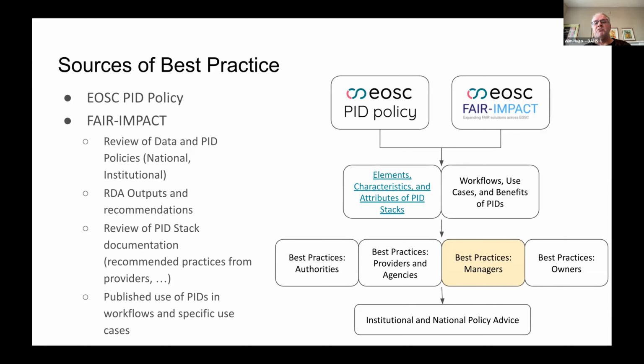So we are creating two sets of data in a large knowledge base behind the scenes. The one is one that we call the elements, characteristics, and attributes of PID stacks. So those are documented from the perspective of end users, but it takes into account the characteristics and features and performance attributes that have already been identified in the EOSC PID policy.